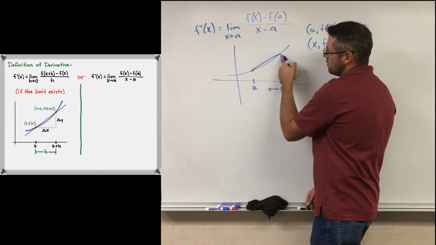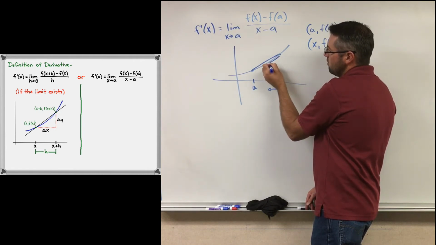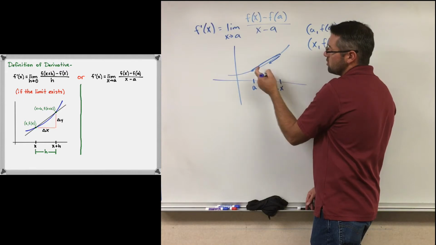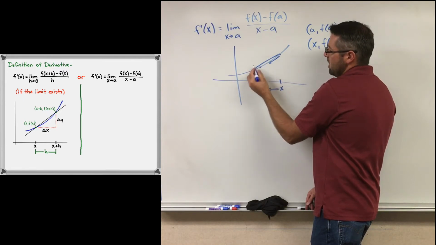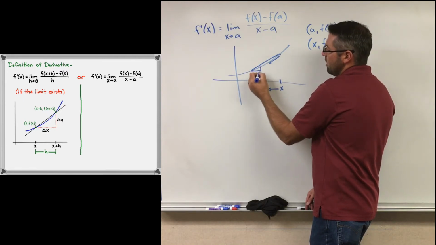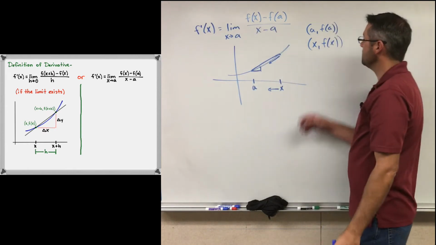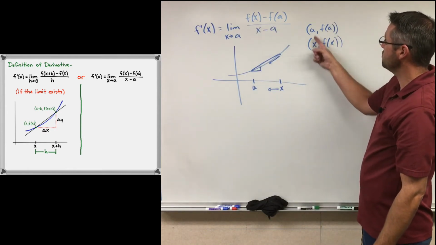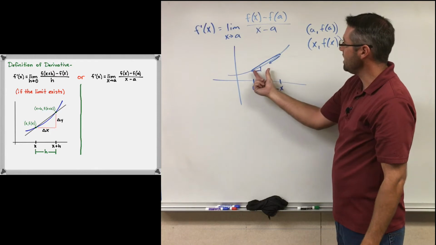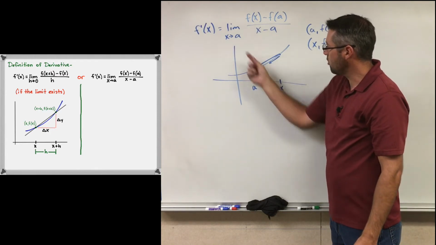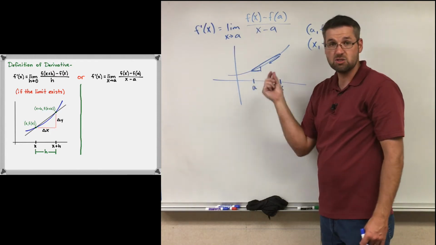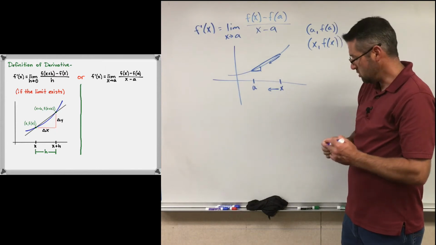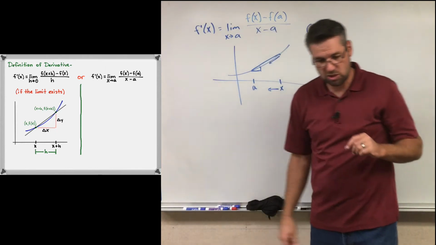As x gets closer and closer to a, this point moves closer and closer to the other point. And so when we find the slope there, the slope formula is y2 minus y1 over x2 minus x1, but we're just taking it so that the x value is approaching a, so it becomes, again, a very small change in y over a very small change in x.